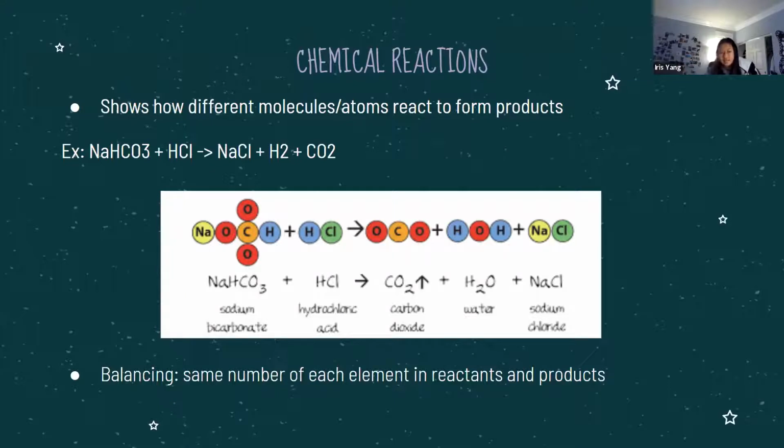Something important to keep in mind for chemical reactions is how we balance them. Based on the conservation of mass, in your reactants and in your products, you have to have the same number of each element. Here you can see that in the reactants, you have 1 sodium ion, and in the products, you also have 1.